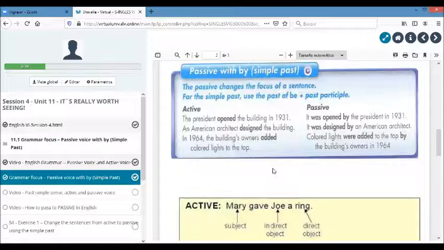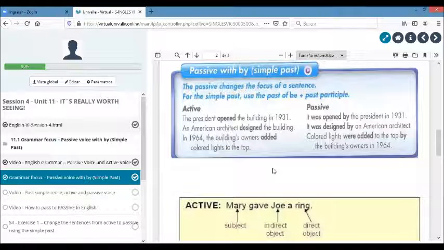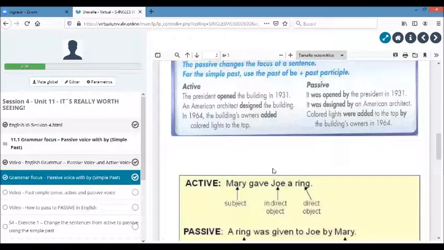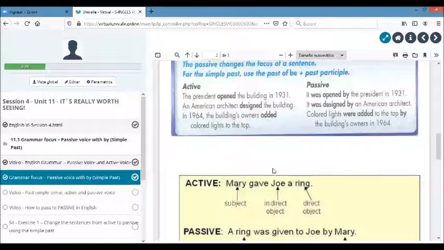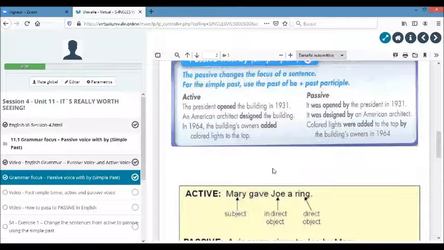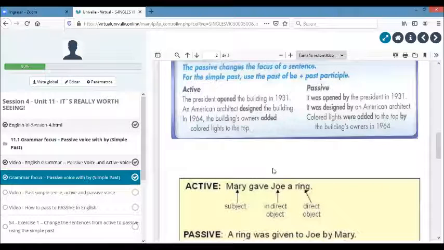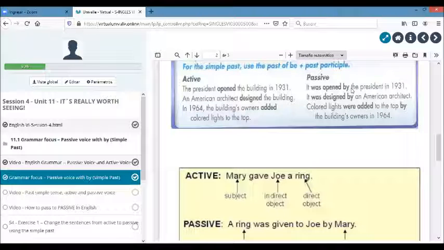Para realizar oraciones utilizando la voz pasiva a voz activa, utilizamos una estructura gramatical, que en este caso sería personal pronoun, el pronombre personal, más was, were, porque estamos en pasado, estamos utilizando el pasado simple del verbo to be, was, were, luego el verbo en pasado participio, luego by y luego quién ejerció la acción más el complemento, ¿ok? An American architect designed the building.